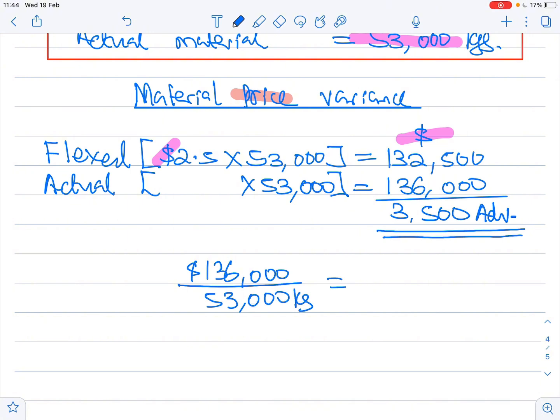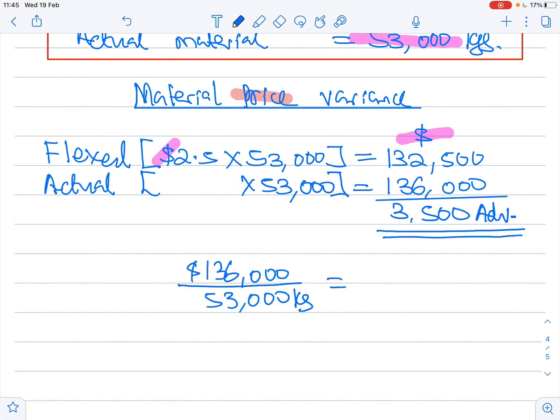If you use your calculator at this point, 136,000 divided by 53,000 is going to be 2.56603774. So obviously this is more than 2.5.